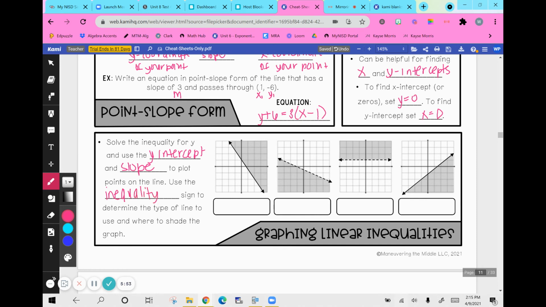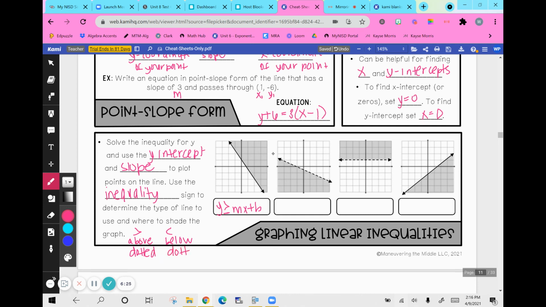Okay? So here, when it's shaded above and it's a solid line, above means greater than, so we know that this would be y is greater than, and if it's a solid line, that means equal to mx plus b. And if you've been with me for a while, we made a little post-it note that said greater than is above, less than is below, and this would be dotted because they're not included.